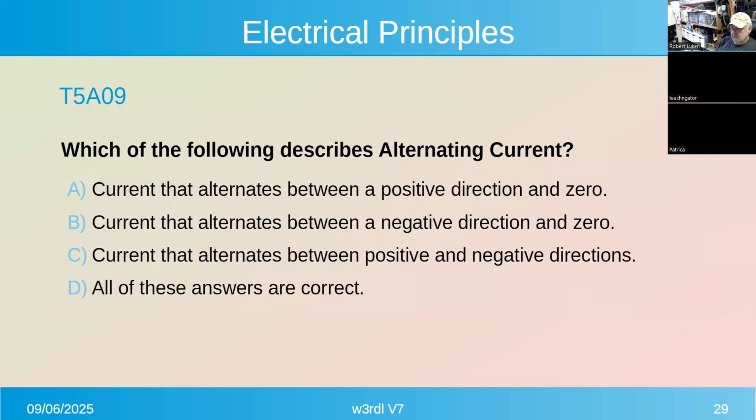Alpha, Bravo, Charlie, Delta, Echo, Foxtrot, Golf, Hotel. For I, we use India. Juliet, Kilo, Lima. I forgot M. Mike. November.